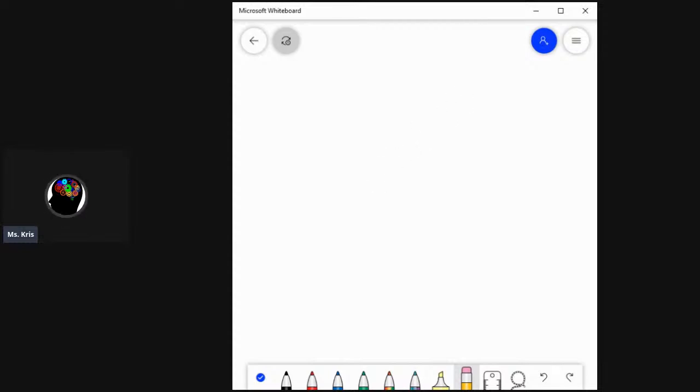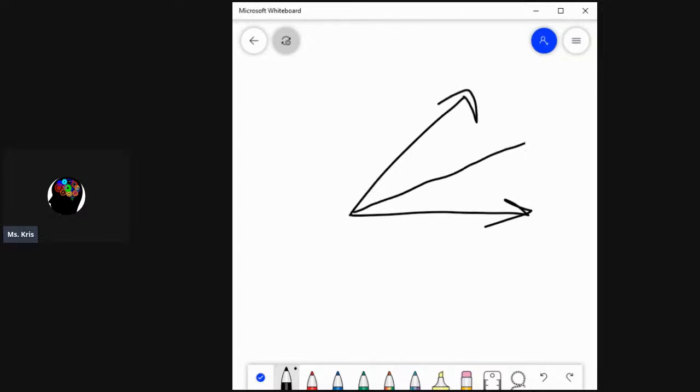So remember when we just did the segment addition. Well, this is also considered adjacent angles.